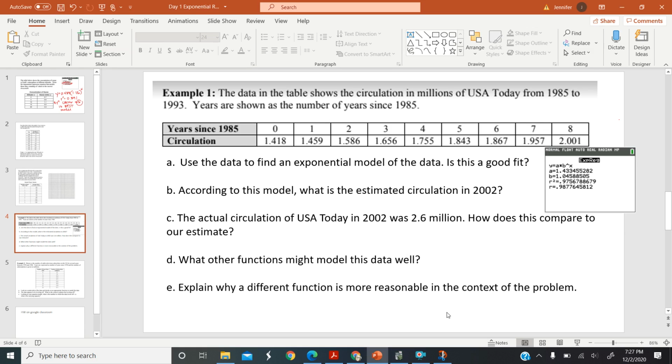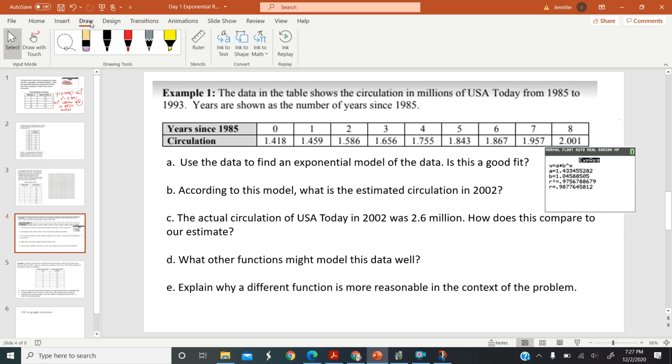We have another problem here, and it's asking us to find an exponential model of the data, with the years since 1985 and the circulation of USA Today. So we're using the data to find an exponential model, which I already did for us right here.